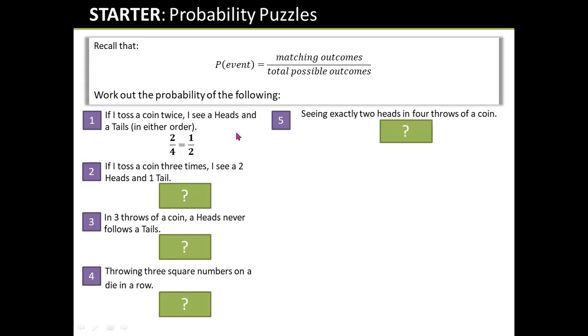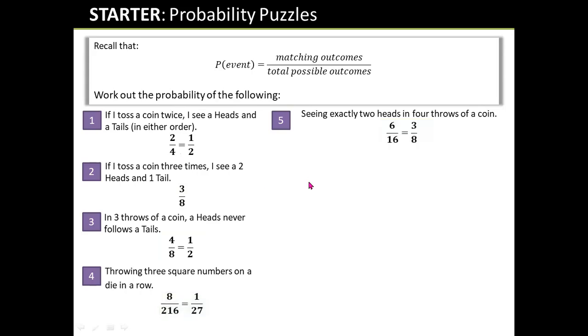If you toss a coin 3 times and you see 2 heads and a tail, then what is the probability? Take note, we multiply the times. So you can have 3 over 8, or you can throw a coin and follow the tails, or you can have another.